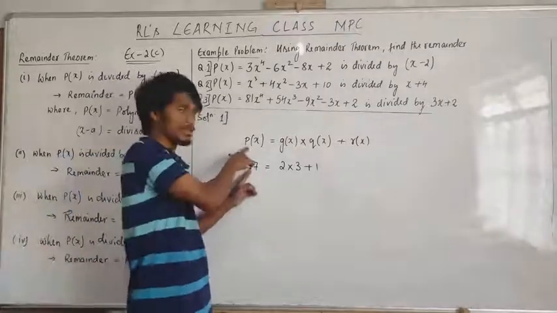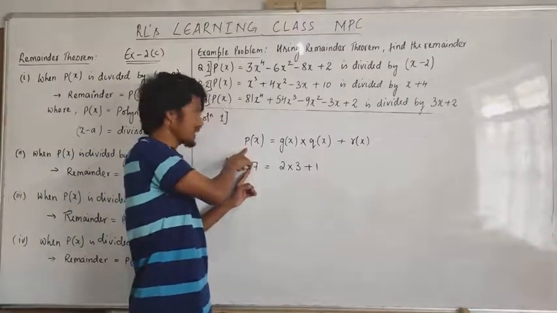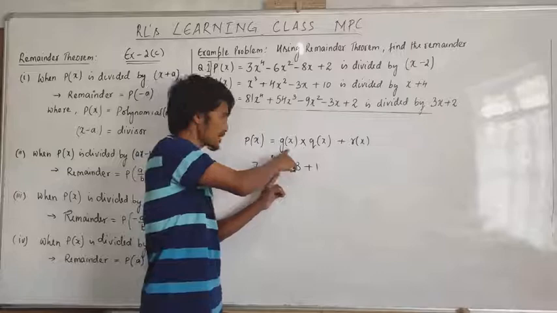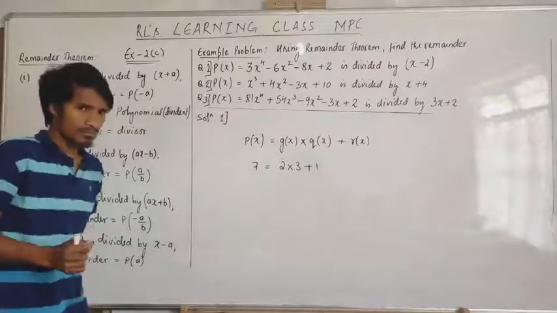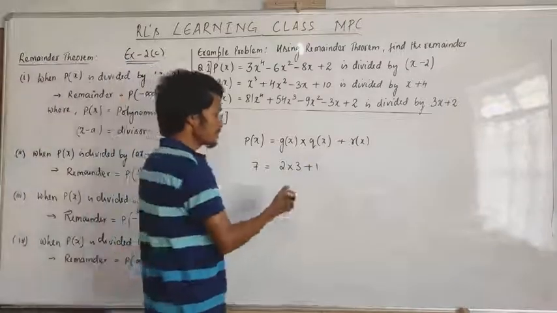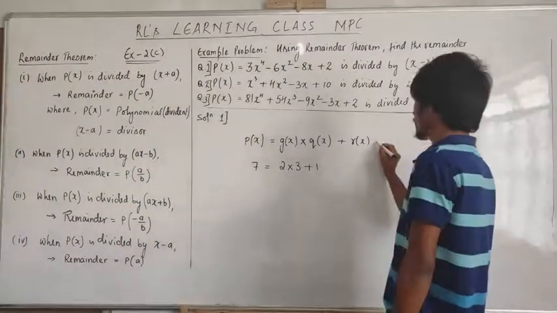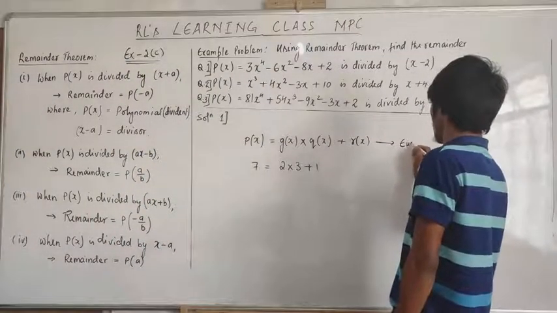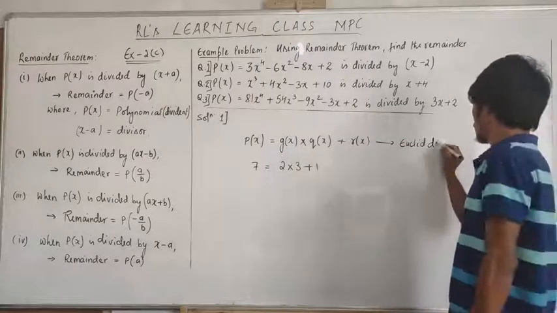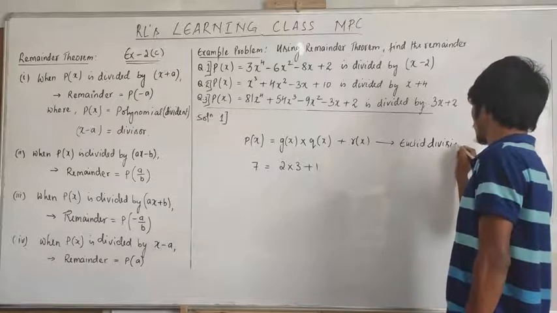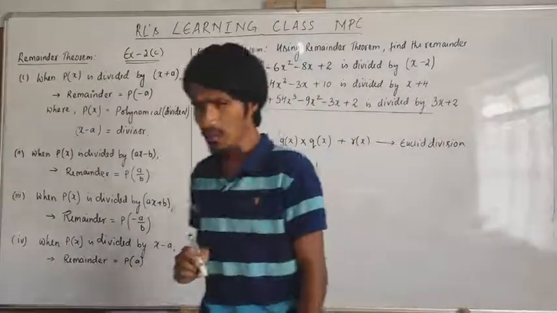Now this 7 will be the dividend, then this 2 will be the divisor, then this 3 will be the quotient, and then this one will be the remainder. And this is called Euclid division or Euclid algorithm.